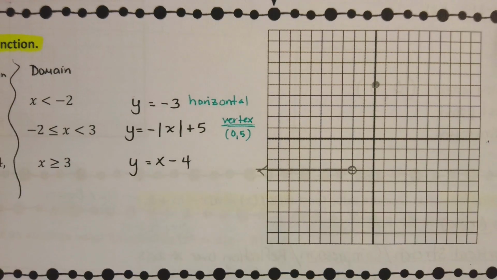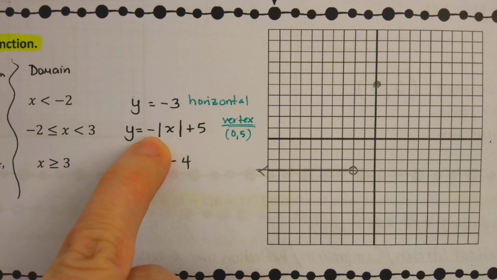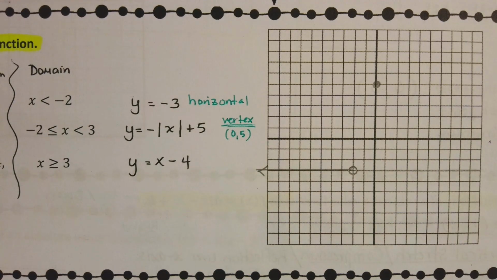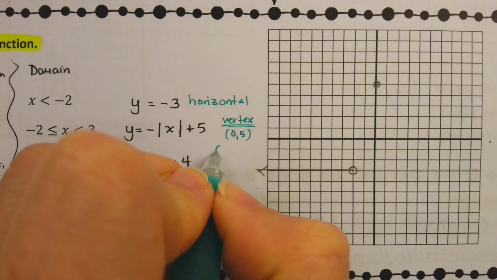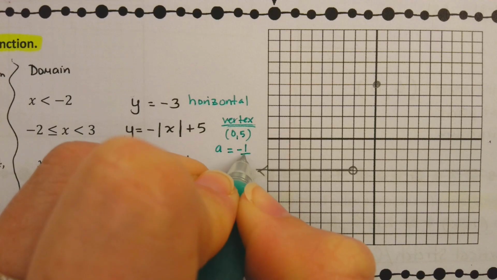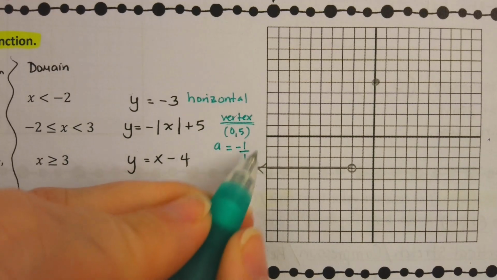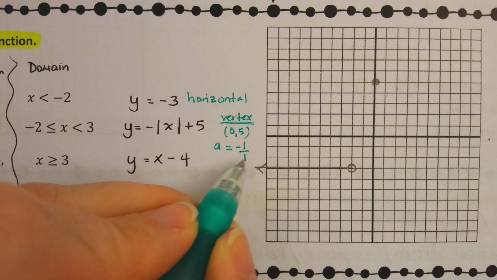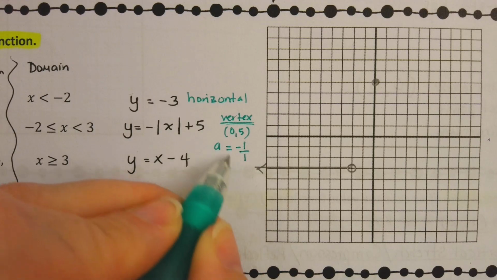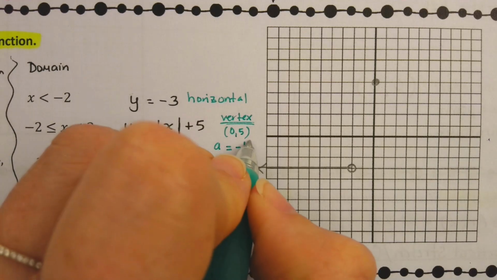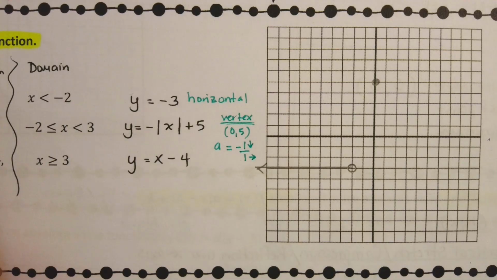Okay. And then to find more points for my V shape, I'm going to use the A value as the slope of the right side of the V shape. And what is our A value? Negative 1, which is basically negative 1 over 1. So if we were to count this as a slope on the right side, we would count which way and which way for negative 1 over 1? Down 1 and right 1.